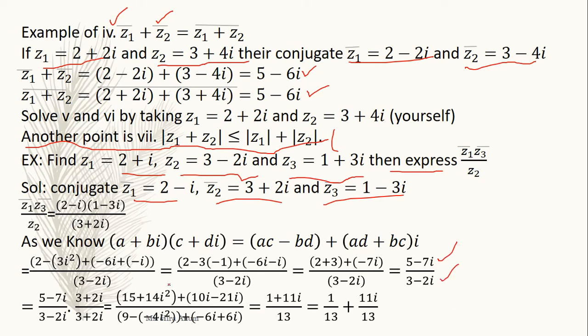Then we solve this by rationalization, multiplying by the conjugate with the changed sign. The real part becomes 1 over 13 and 11i over 13 is the imaginary part.